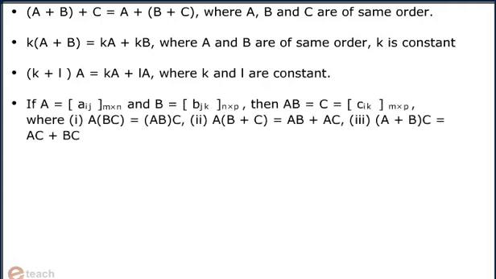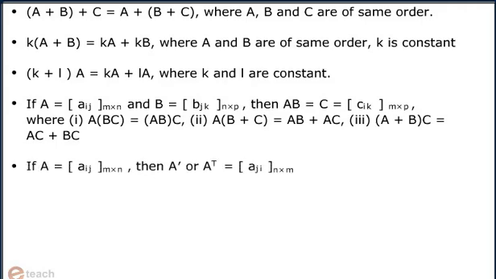If A = [aij] m × n and B = [bjk] n × p, then AB is equal to C = [cik] m × p, where A(BC) is equal to (AB)C. A(B + C) equals AB + AC and (A + B)C equals AC + BC.